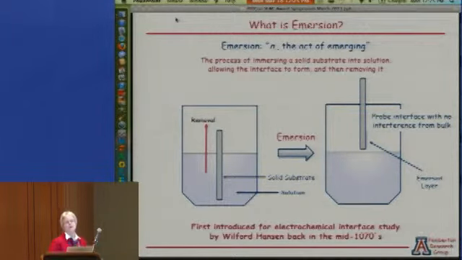And that was, in fact, the nature of my fascination with this technique at the outset, because we wanted to do spectroscopy on it. And in fact, we have done lots of spectroscopy on it. The thing about this, though, is that we could never rationalize the thicknesses of these immersed layers that we were seeing.